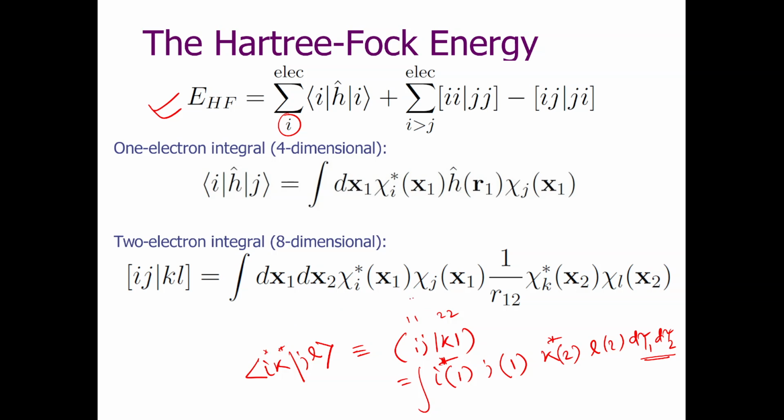So that's how you write it. He has written it in this form, the Mulliken form. This is the exchange term, and this is the Coulomb term. Now they have written the one electron integral, that is your H core matrix element, Hij, which is chi i star.